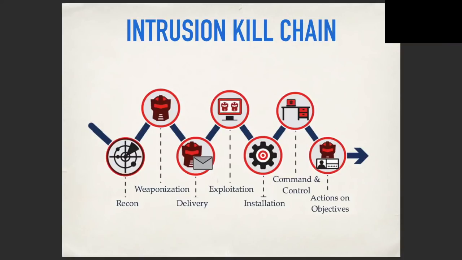So targeted attacks, APTs, whatever you want to call them. It's comprised of 7 different steps described in the Lockheed Martin white paper. I'm obviously not going to read that whole white paper. I'm just going to give a broad overview of the description of each step, so stop me if you have any questions.